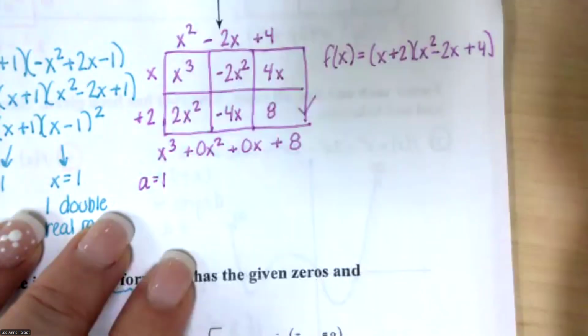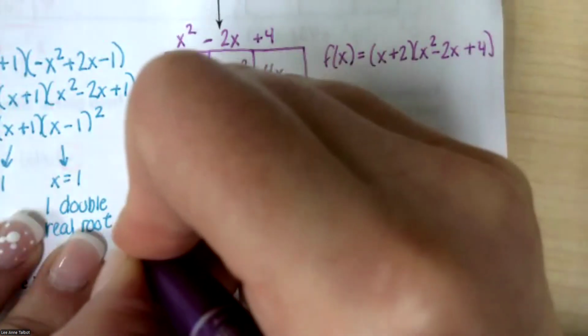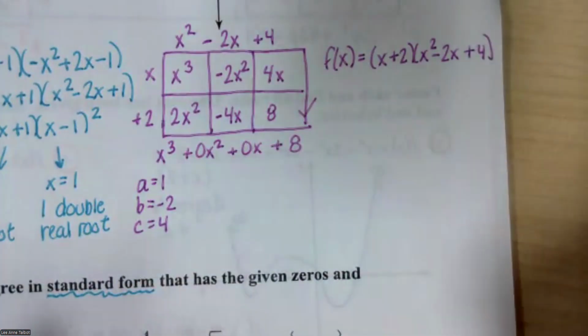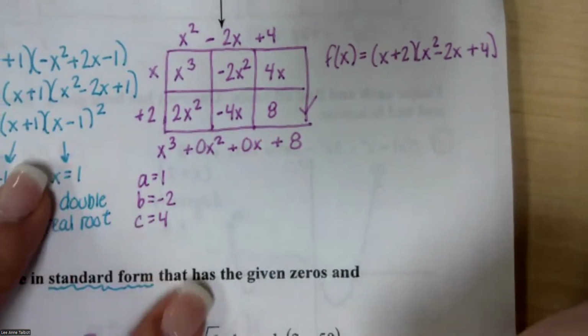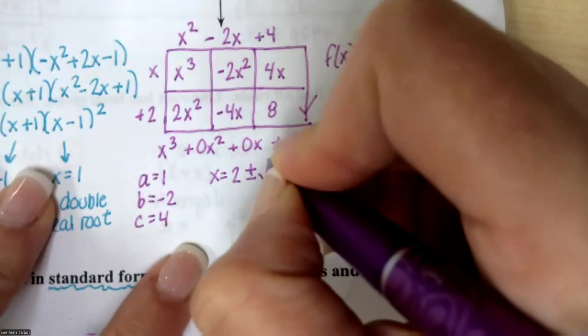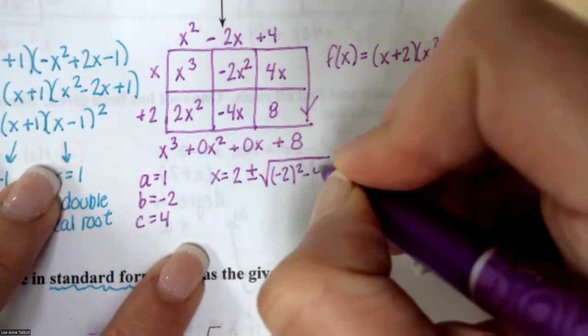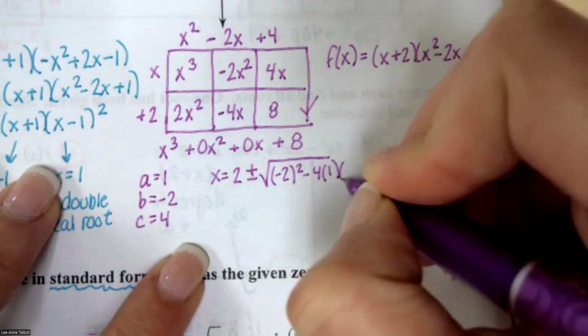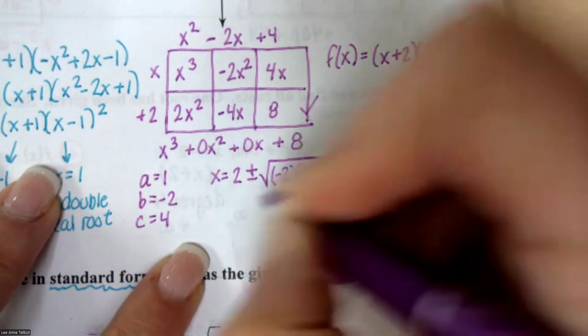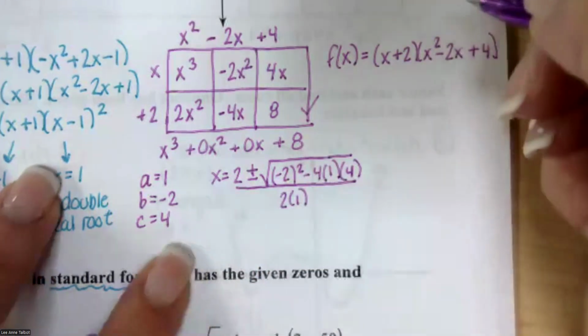So over here to save space, I'm going to do A equals 1, B equals -2, C equals 4. Negative b plus or minus root b squared minus 4ac over 2a.